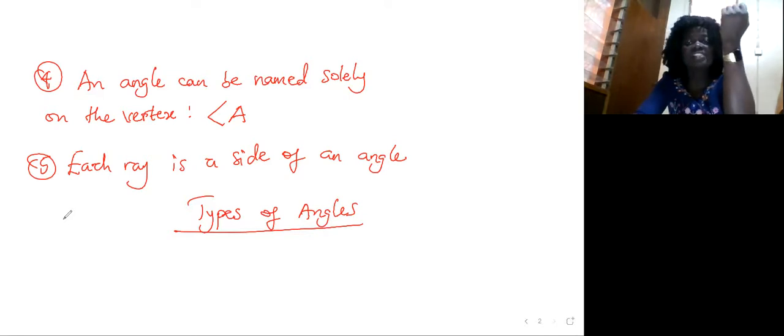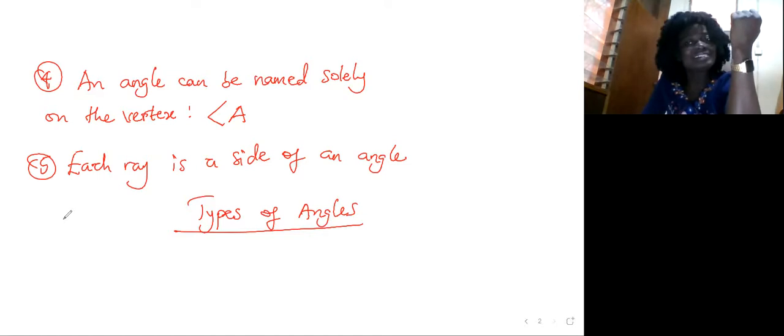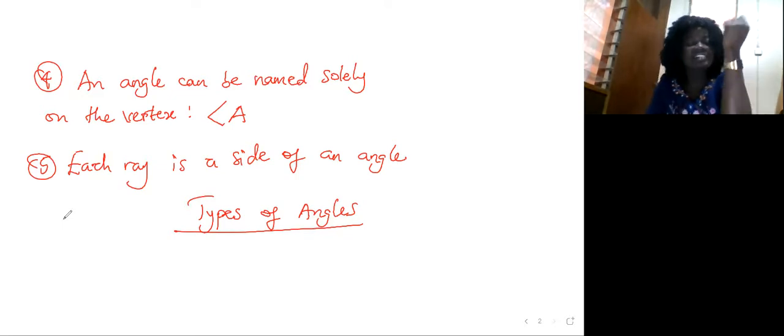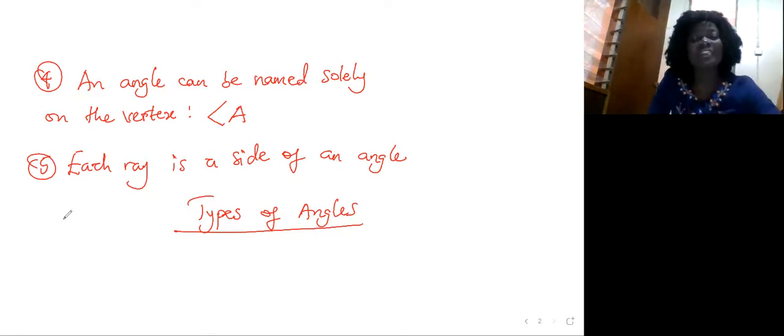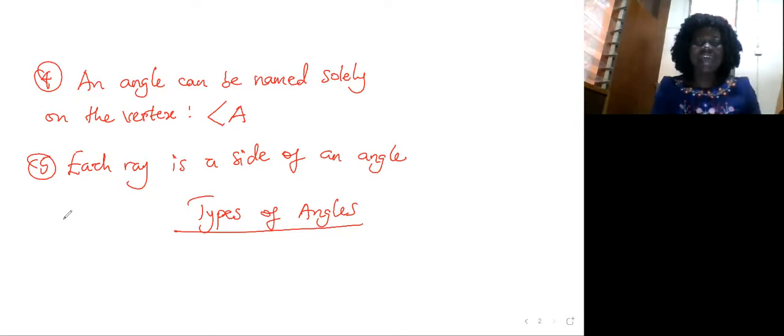An angle which is equal to 90 degrees is called a right angle. Excellent. Right angle. The last one is, when I do this, how do we call it? This is less than 90, 90, then more than 90. So an angle which is more than 90 degrees is called, I'll leave that for you to answer.